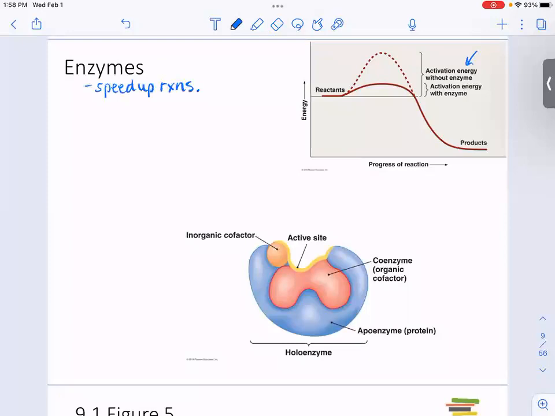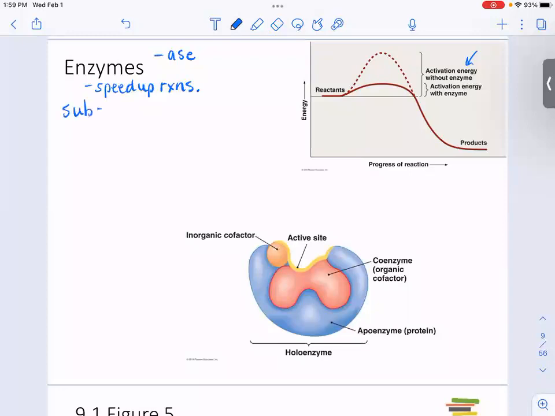So enzymes speed up reactions. If you see a molecule that ends in ASE, then you know that it's an enzyme. Beta galactosidase, that's an enzyme. There are other enzymes that don't end in ASE, and then unfortunately they don't follow the rule. If it ends in OSE, then it's a sugar, right? So that's different.